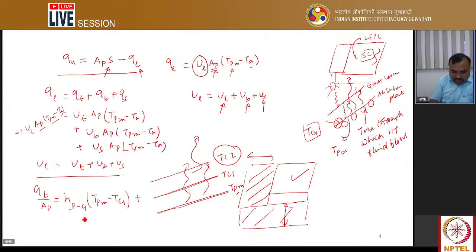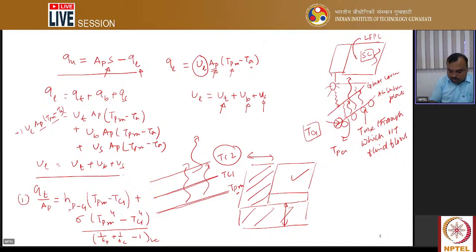Then we'll have a radiative component: sigma (TPM to the power of 4 minus TC1 to the power of 4) divided by an expression with the emissivities of the plate and of the glass cover; for parallel plates we can write this expression.